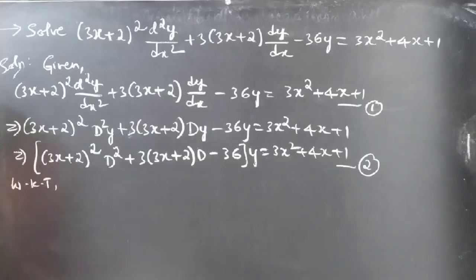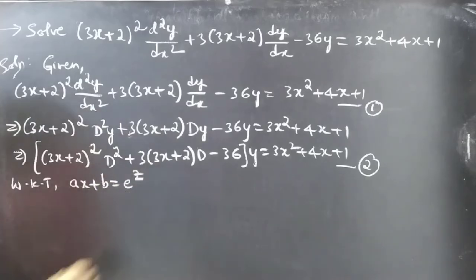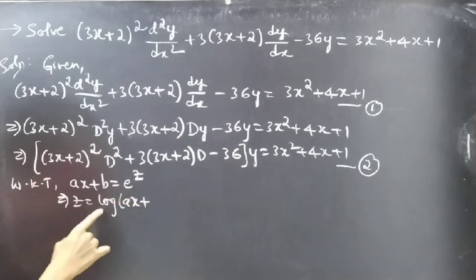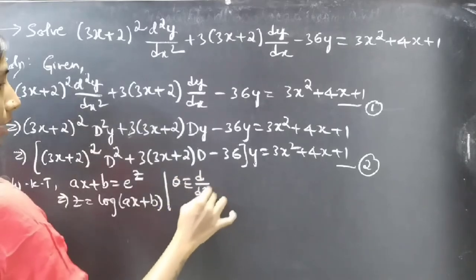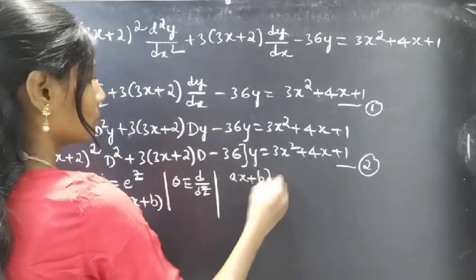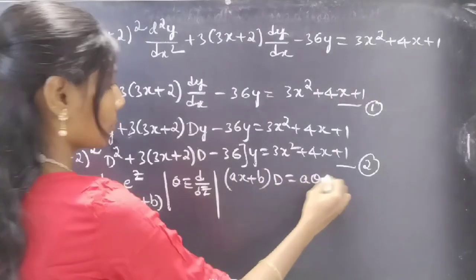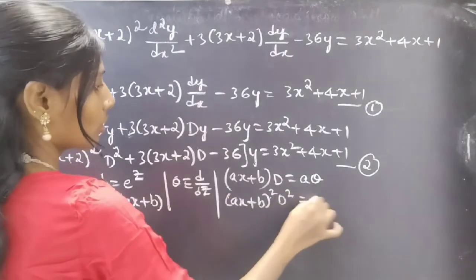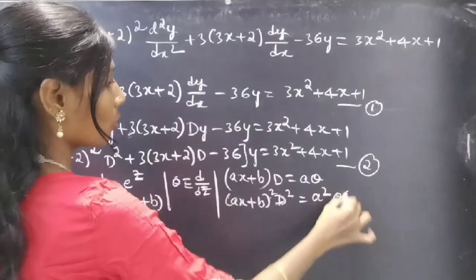From Legendre's procedure, we know that ax+b can be replaced by e^z, then z will be log of (ax+b), and theta is nothing but d/dz. Okay, and (ax+b) D can be replaced by the coefficient of x, that is a into theta. (ax+b)² D², when we have square, we can replace this term by a² theta(theta−1).